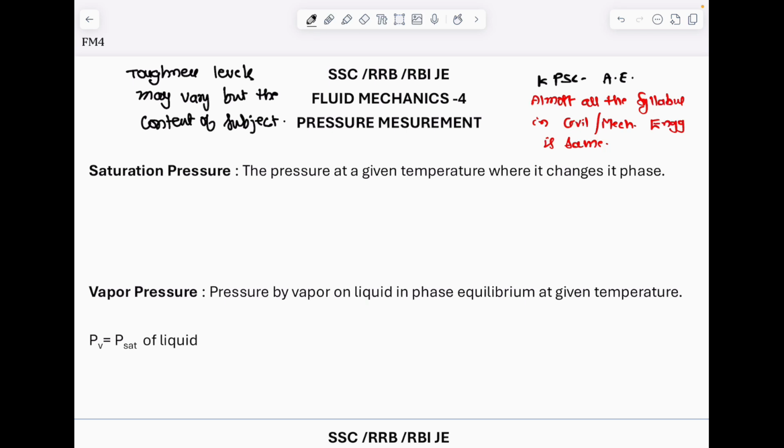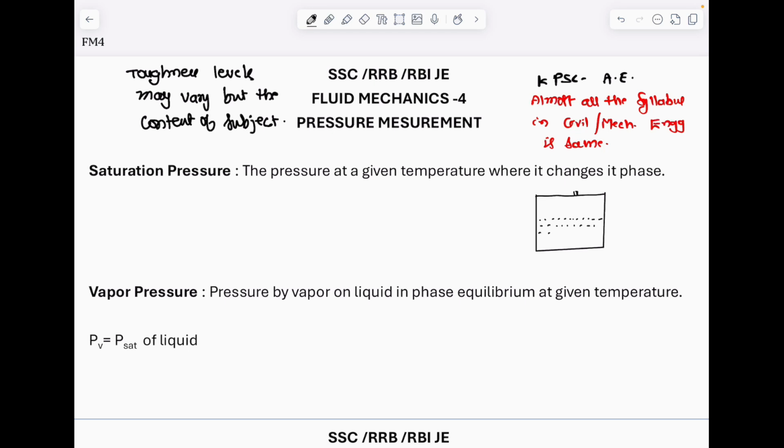For example, a vessel is there, and it is filled with water, not fully, to some extent.